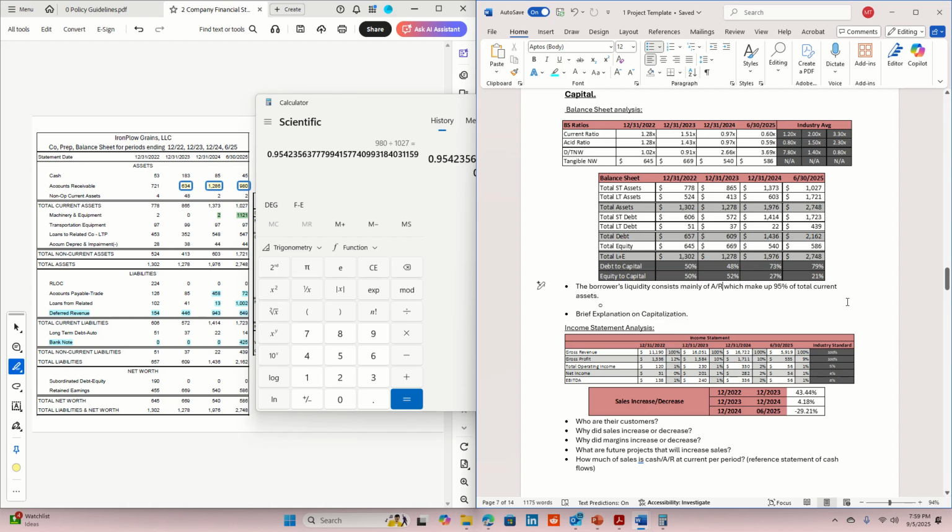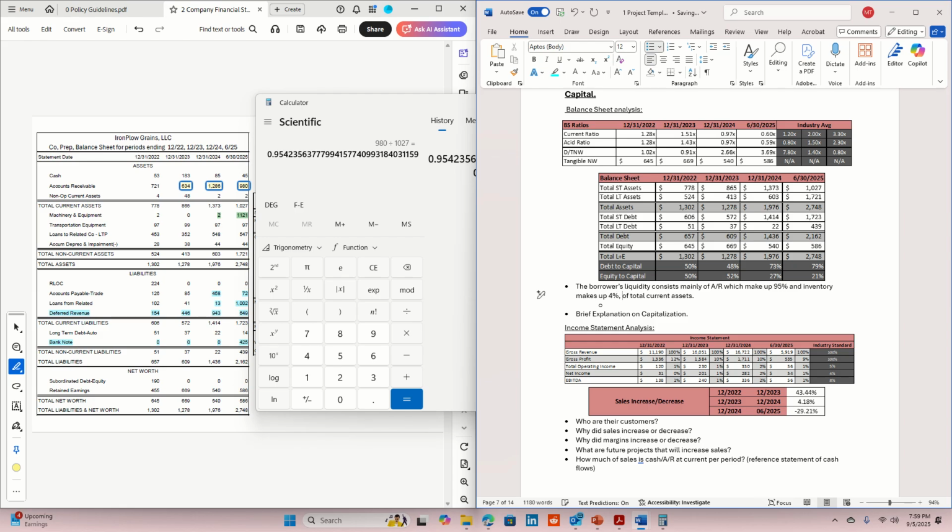But if I had accounts receivable and inventory, then I would say accounts receivable makes up 95% and inventory makes up, let's say 4%, right? That's how I would say that.